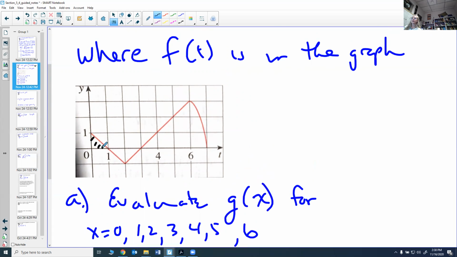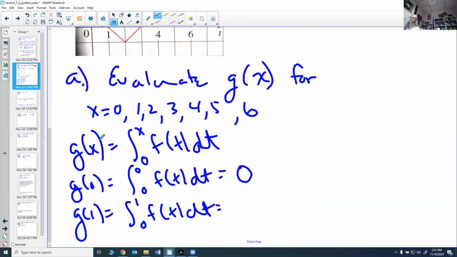So we just need to find the area under the curve here. We are going from 0, we're going a distance of 1 here, a distance of 1 here. So the area of the whole rectangle, or the whole square in this case, would be 1. We have half of it. So we have half. So this answer is 1/2. So g of 1 is a half.